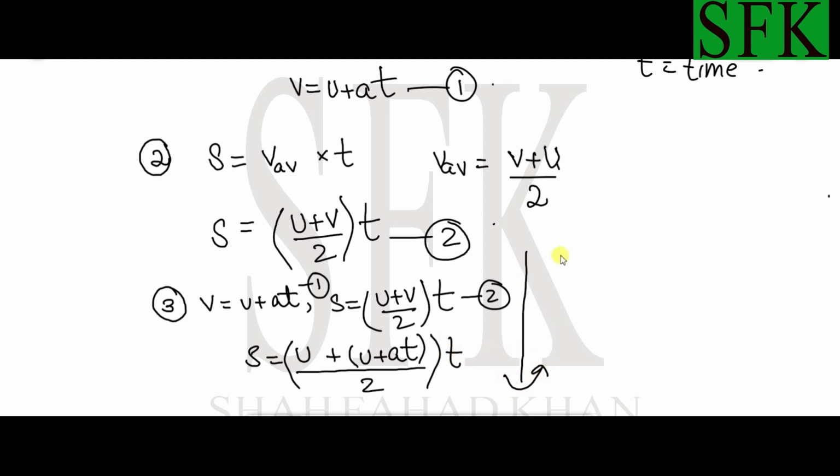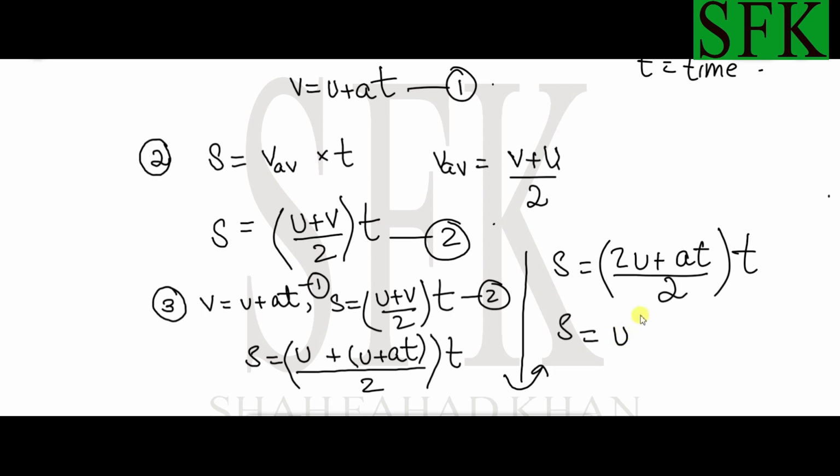Okay, so if we open it up, it becomes 2u plus at upon 2 multiplied by t, and on further simplification it becomes s is equal to ut plus half at squared. This is our third equation of motion.